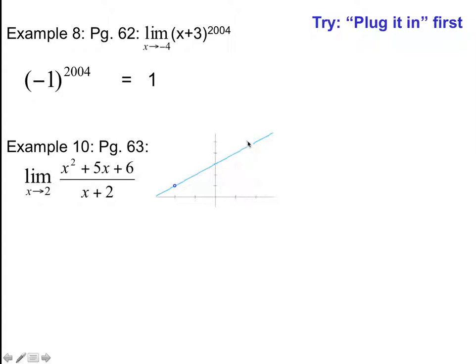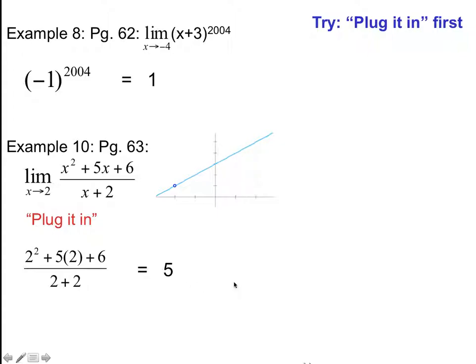And so that defined value has got to be my limit since I have a ratio of polynomials here. So I should be able just to plug it in. And when I plug in 2, I get 2 squared, so I get 4 plus 10 plus 6. That's 20 over 4, which is 5. So if we notice when x is equal to 2, as x approaches 2 from either side, the y value approaches 1, 2, 3, 4, 5.